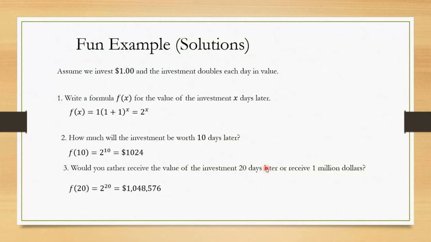In fact, f of 20, you get this. I think actually if you do f of 30, so if you wait 30 days later, you get more than $1 billion. So exponential functions, they're different. And really what I'm trying to illustrate here is they grow pretty fast. They grow in value very quickly, much more quickly than a linear function does.